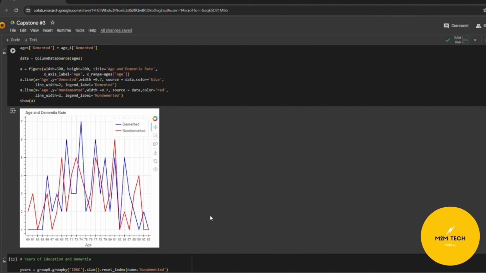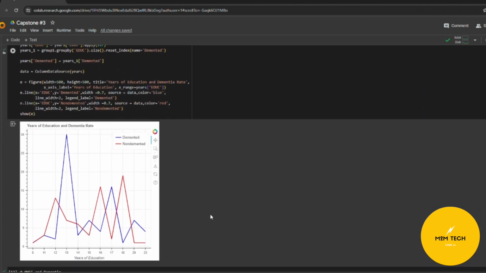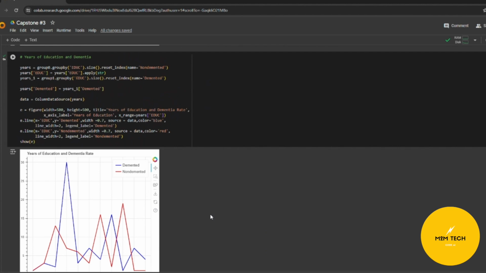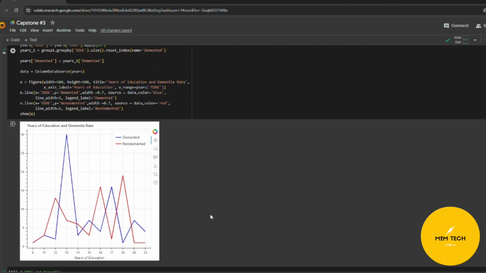We can also see in this visualization of the years of education and dementia rate that patients who were grouped as demented have a lower number of years of education compared to the non-demented group.